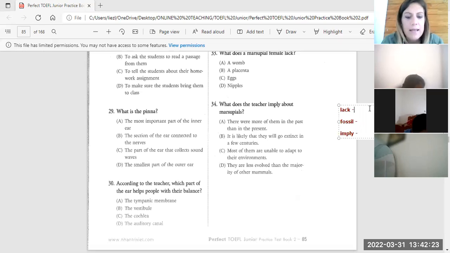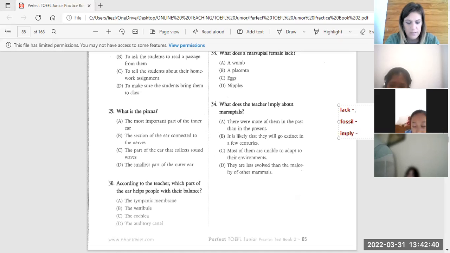Okay, lack. Lack means, Icy, what does lack mean? What did we say? Lack mean don't have. Yes. Thiếu. Can you hear that? Thiếu. Do you understand? Yes? Okay. That's the word. Means don't have. Okay. Imply. Bao hàm ngụ ý.